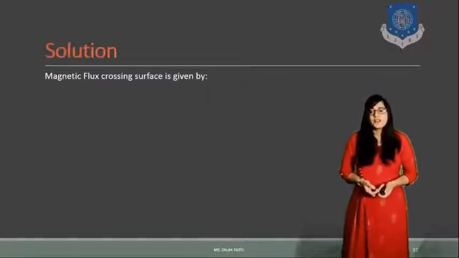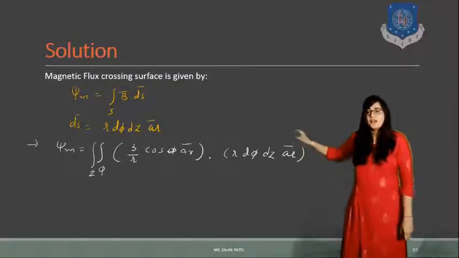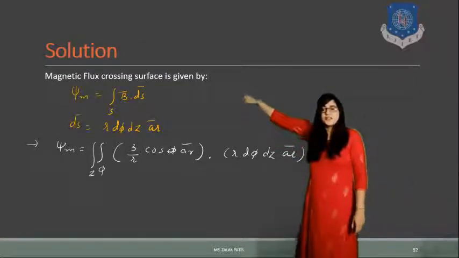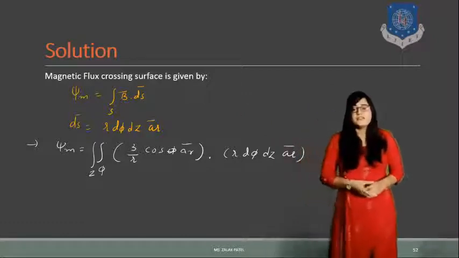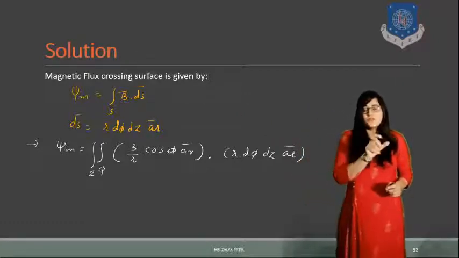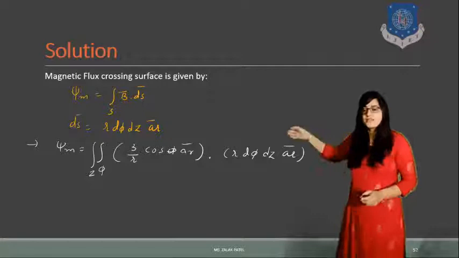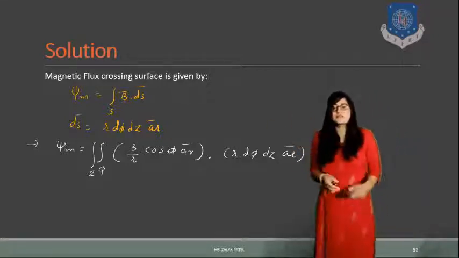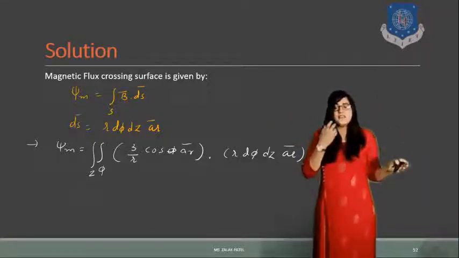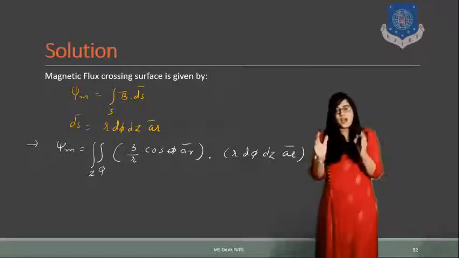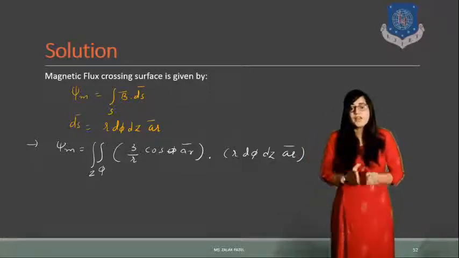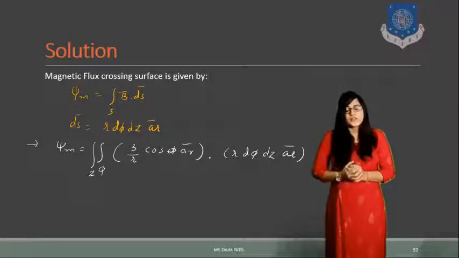So for the cylindrical coordinate system, if r is constant, then ds is given by r d phi dz AR bar. If you remember unit number 1 vector analysis, then ds bar is given by r d phi dz with r equal to constant.